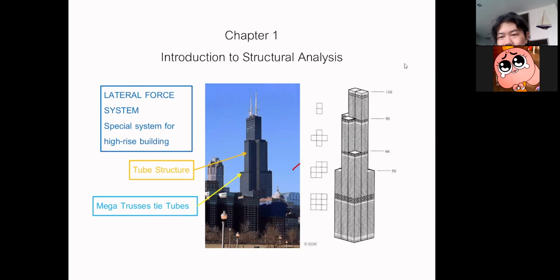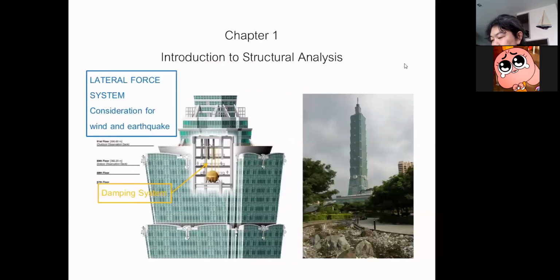Taipei 101 held the record for only a short period of time before it was beaten by, I'm not sure which one came before, the Petronas Tower or the Taipei 101, but now they have the, I don't know, it's the Arabian name, the Burj Khalifa, something like that in the Emirates. Okay, anyway, so yeah, that's Taipei 101.